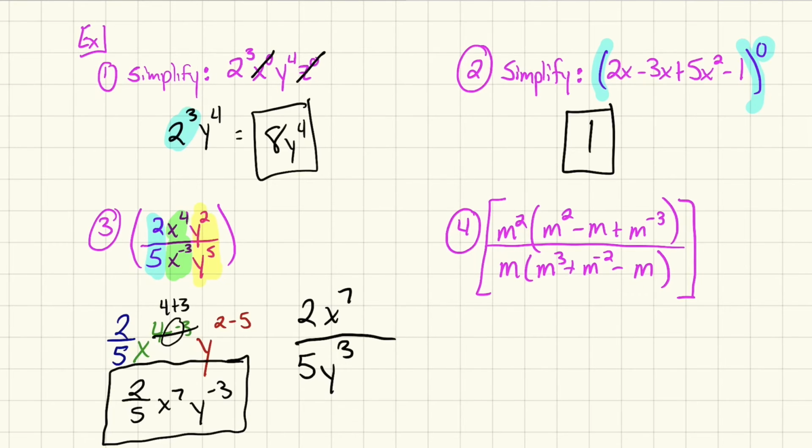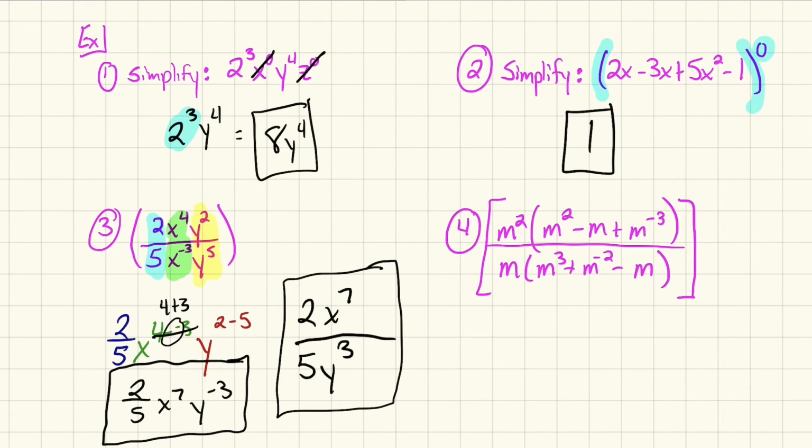So if we needed to write this answer with all positive exponents, that's how we would do it. We keep the fraction the same, positive exponents go to the top, negative exponents go to the bottom. It's that simple.